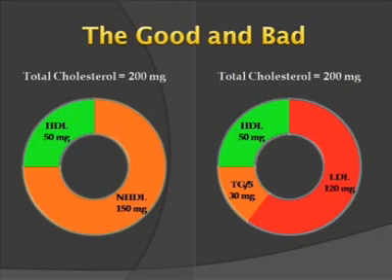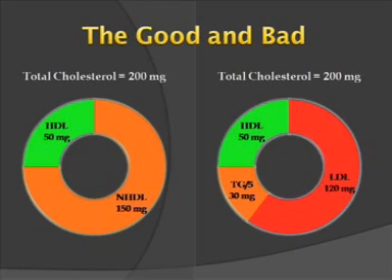Let us say the HDL, the protective component, is 50. 200 minus 50, or 150 milligrams, will be the non-HDL or the atherogenic component of the lipid. So, the police force or the protective force is 50 milligrams, the terrorist force or the atherogenic force is 150 milligrams, making up to a total of 200 milligrams here.